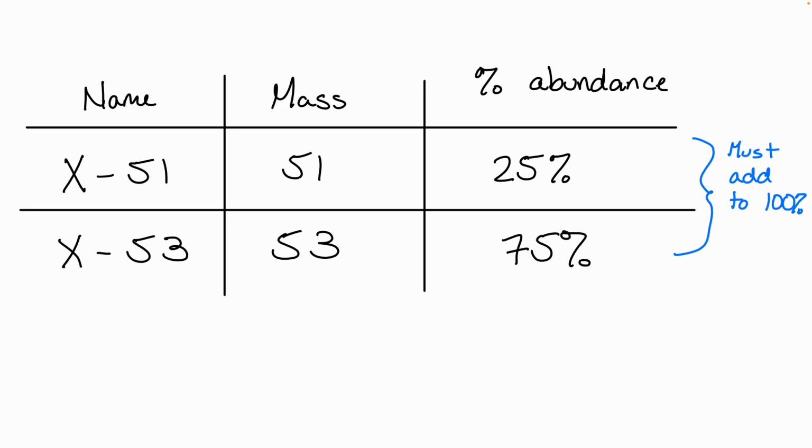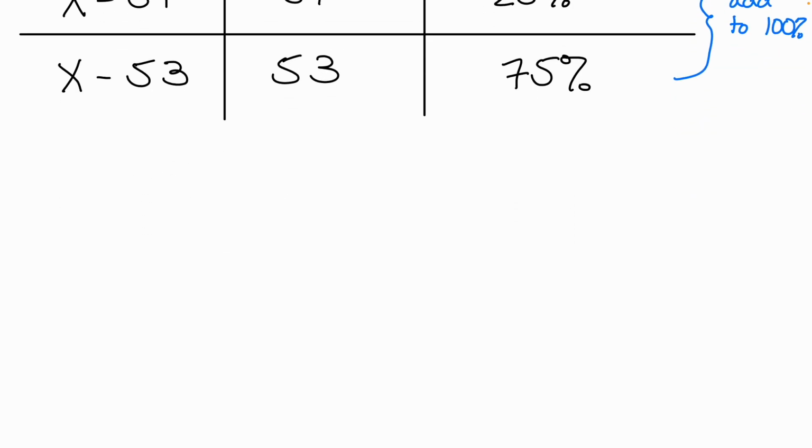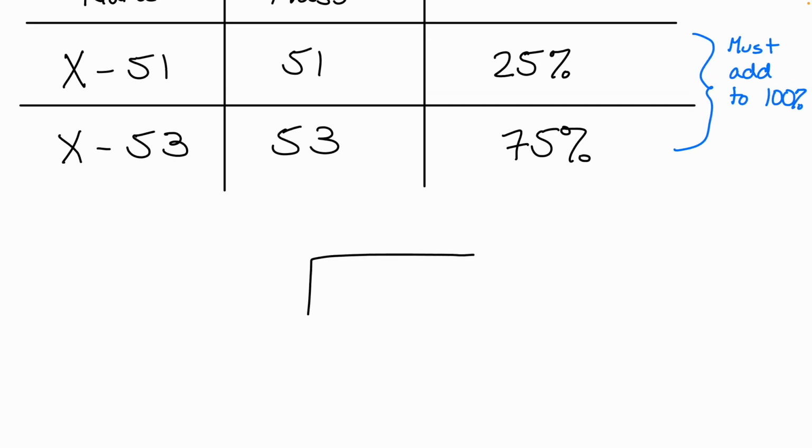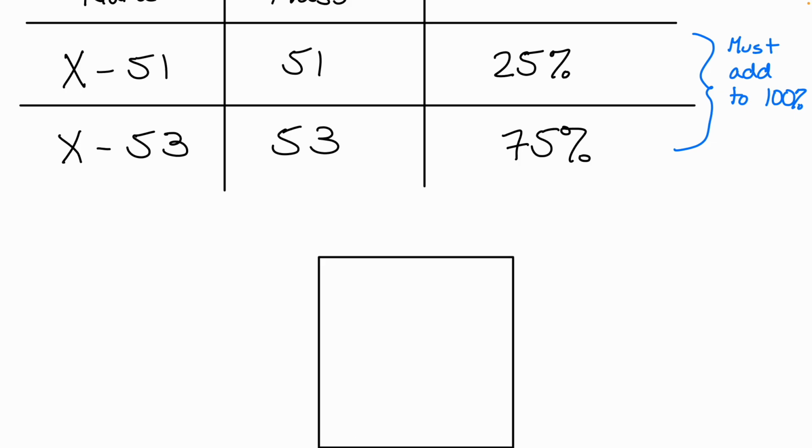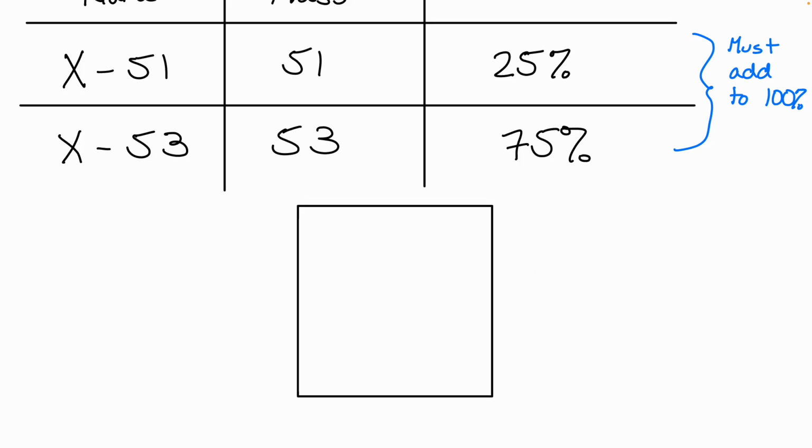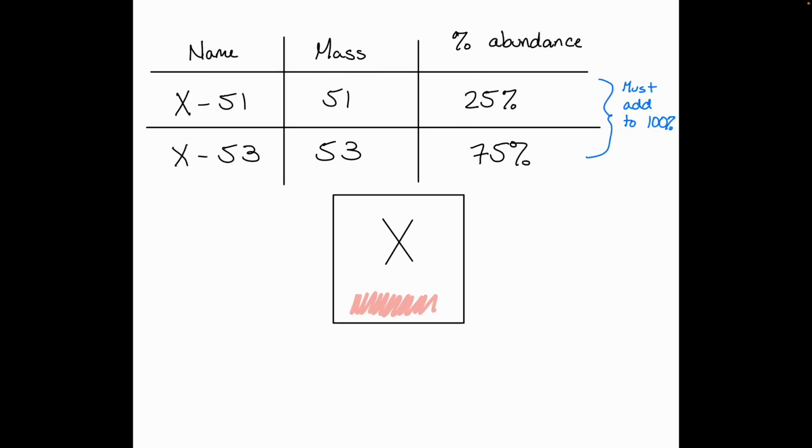Okay, so now lastly, we want to complete our periodic table. We got our symbol, but now we got to determine that number at the bottom here, that average atomic mass. And we're going to do that using the data table above. All right, I'm going to abbreviate this AAM for average atomic mass.